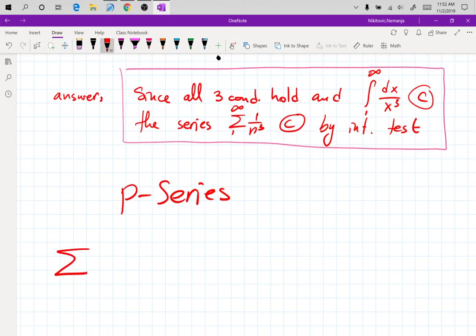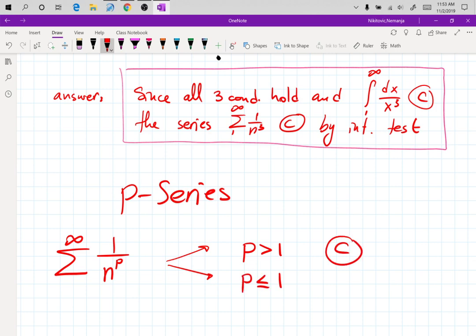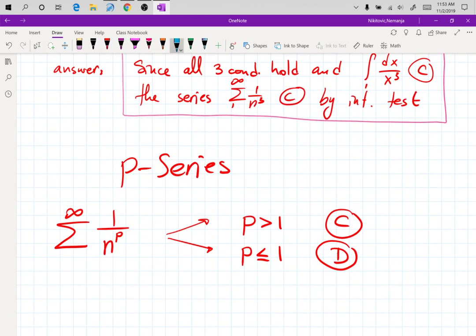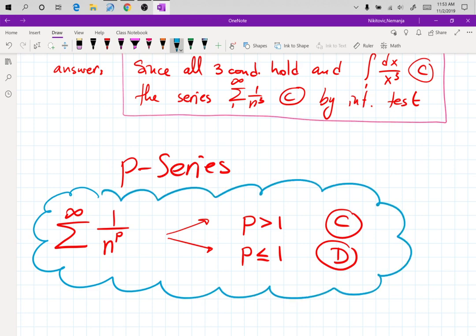If your summation is 1 over n to the p, you have 2 options. P bigger than 1, convergence. P less than or equal to 1, divergence. And put this in a cloud, and this is your test number 5 for today.